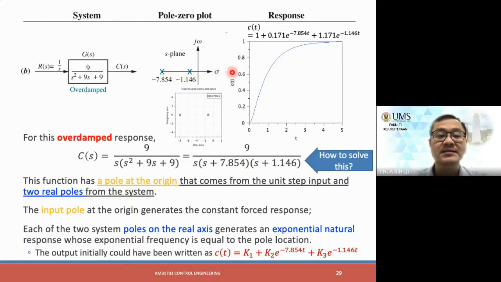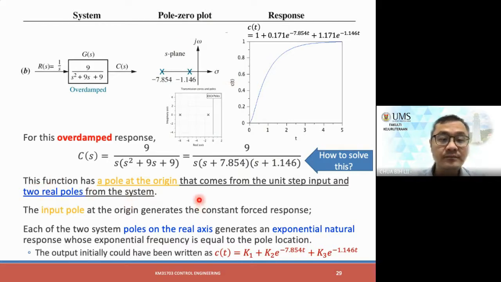When we plot the S-plane curve, it always starts with an axis, and this is not X. Sigma represents the real axis and j omega represents the imaginary axis. So we have the real axis and the imaginary axis. We will notice that the two poles lie along the real axis, so we say that these are real poles.